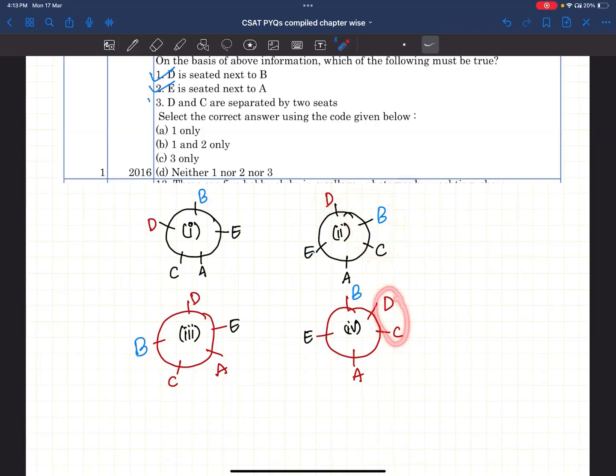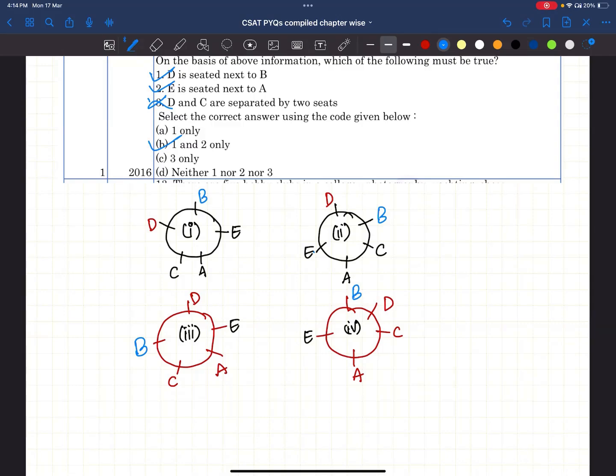Here they are sitting together. Here also D and B are separated by 1 seat, and here 2 seats are separated. But in these options they are sitting together. So the third statement can be correct. 1 and 2 is the answer.